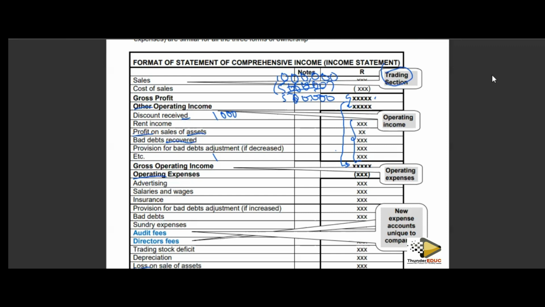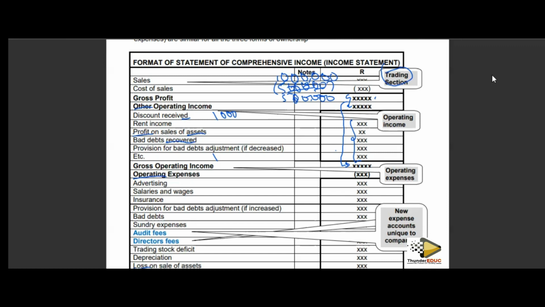So let's say we put 1,000 aside, saying that according to our experience, customers may fail to pay 1,000 in total. So the business puts money aside to say, if these customers fail to pay, we are going to use this 1,000 to pay for them on their behalf. So we are going to use this money to cater for those customers who may fail to pay us.